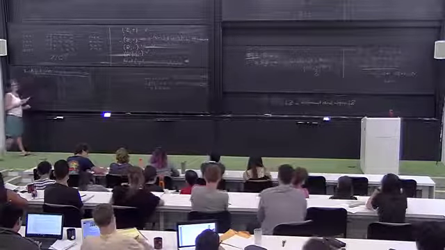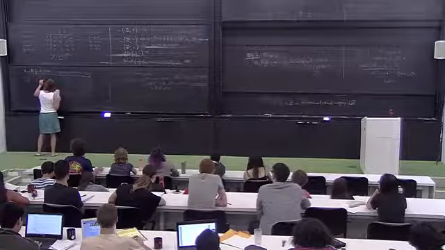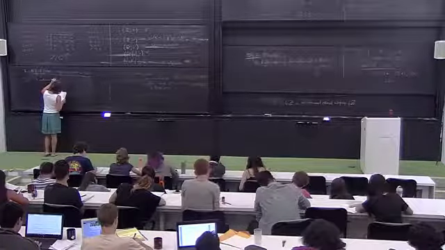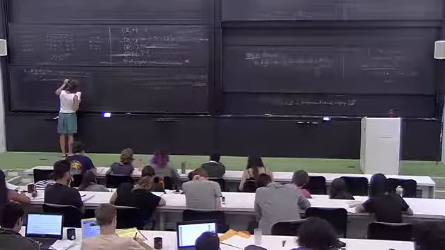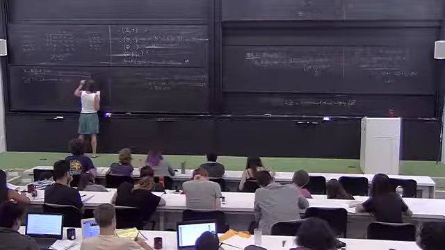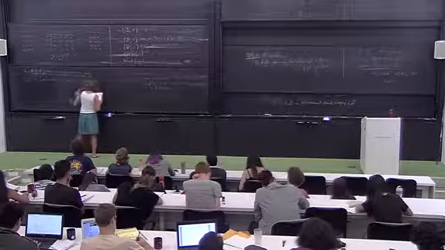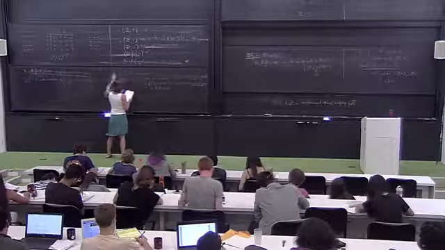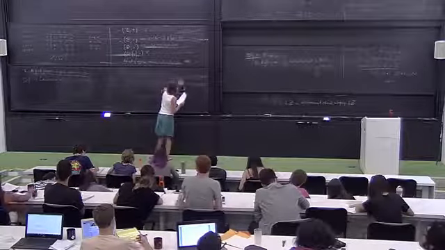What is a representation? So a representation of a group G is going to be a mapping of the elements of G onto a set of linear operators with the following properties.